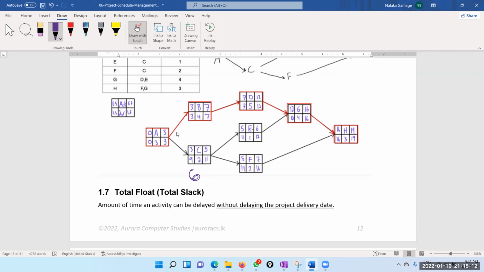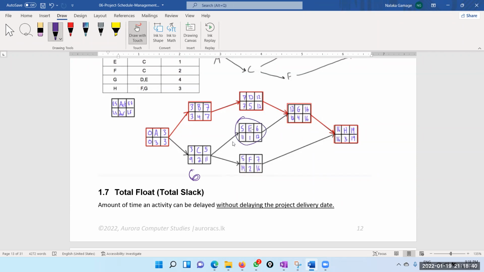Right. But if you look closely, the latest finish is 11. Here the latest start is 11. Okay. So therefore, if you delay it by 6 days, of course, the project deadline is not going to be affected, but the starting date of this task is going to be affected.